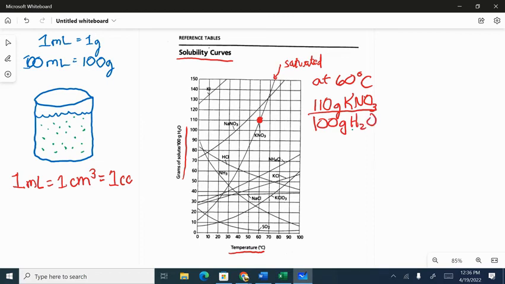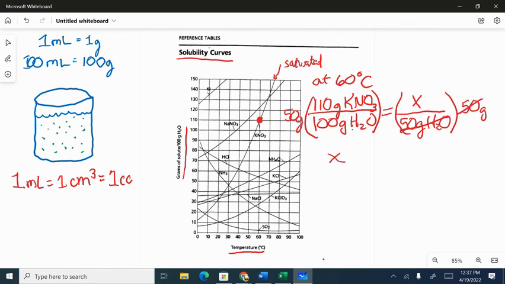But what if the problem said I didn't have 100 grams of water, I only have 50 grams of water? Then you can set up what's called a proportion. So if 110 grams of KNO3 dissolves in 100 grams of water, then I need to solve for the number of grams, or X, because I don't know it, in 50 grams of H2O, or whatever amount your problem says you have. Well, I now can rearrange this equation by multiplying each side by 50.